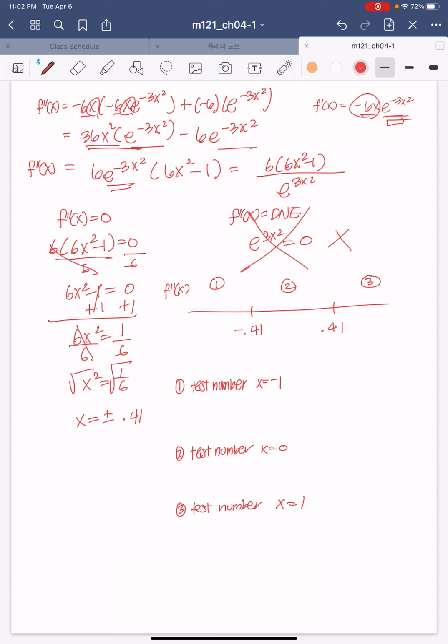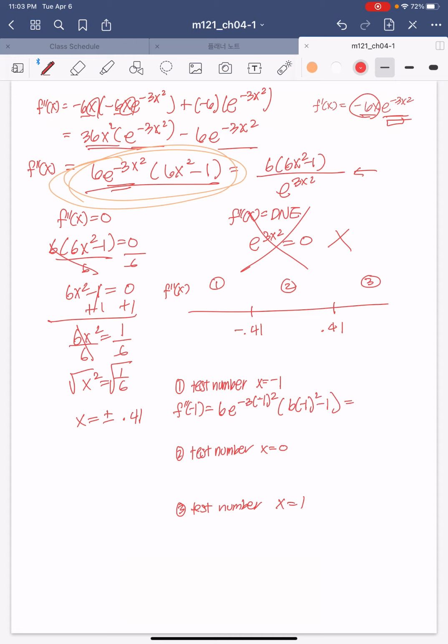Let's plug these into our second derivative, which is right over here or here, either one. I'll use a calculator to get all those numbers. So f double prime of negative 1: I'm going to plug it into this function, 6e raised to negative 3 times negative 1 squared, times 6 times negative 1 squared minus 1.